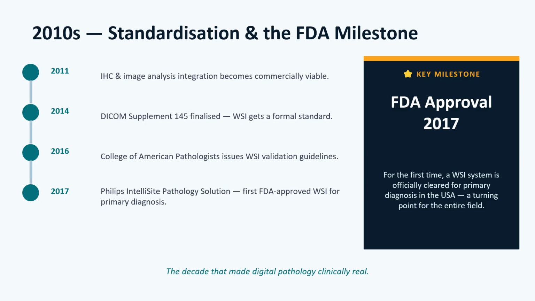And then 2017, the pivotal moment. The Philips IntelliSite pathology solution received FDA clearance for primary diagnosis in the United States. For the first time, a regulator said, yes, you can diagnose from a digital image, just like a glass slide. And that changed everything.